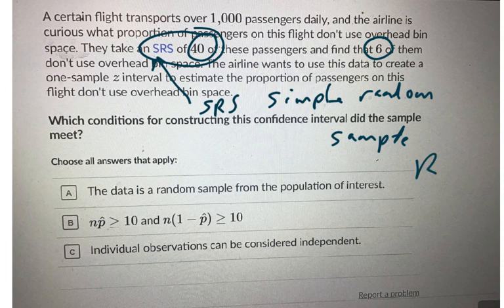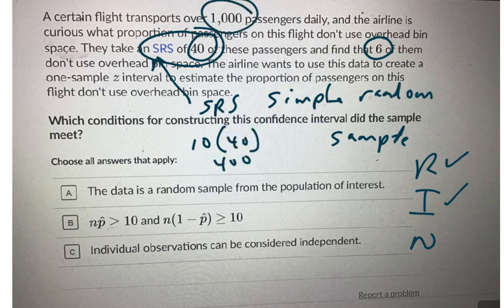Remember, we always test for randomness, independence, normality. Now, we already passed the randomness condition. Why? It was stated in the problem. What about independence? That passes because if I take 10 times 40, that's 400.